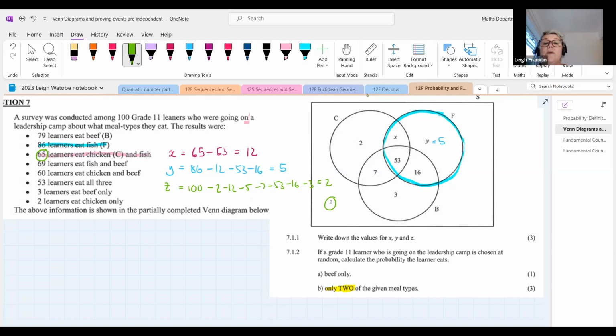So I can't take away the 2 and the 7. If they had told me, like they did for beef and fish, how many students eat chicken, then I can do that. But they didn't give me that. So I can only use what they gave me, which is the 65 that eat chicken and fish. So remember, these ones here don't eat chicken and fish, and these ones here are not eating chicken and fish. Okay, Johnny?